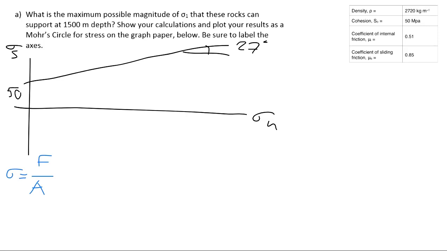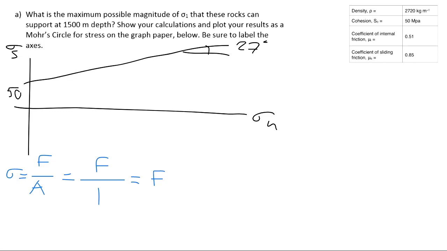And when we say unit area, indeed it is 1 meter by 1 meter, or 1 square meter. So here it's going to be 1, and in this situation, sigma is going to be equal to F. So if I calculate the amount of force applied by 1500 meters of rock thickness, in that case I can actually find out my stress, which is sigma 3 here.